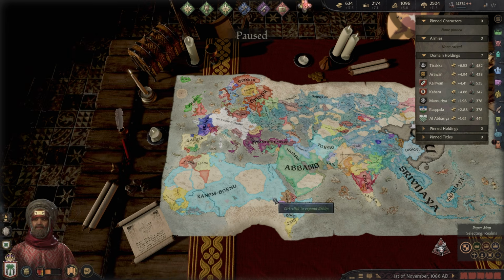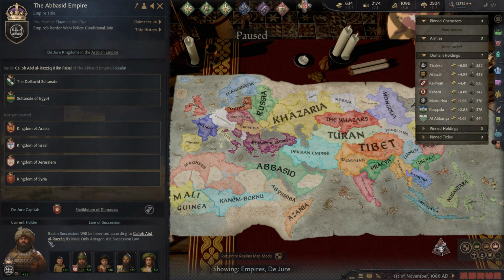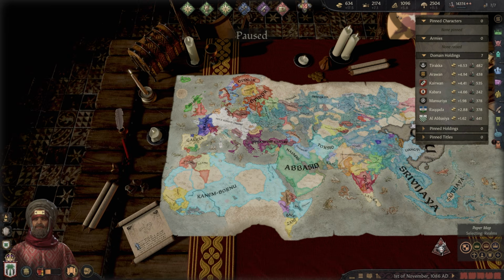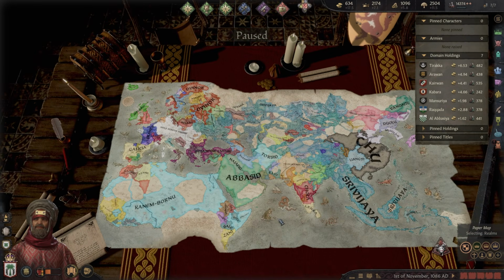The reason why clicking into a title recalculates the line of succession is because it helps performance, basically, as far as I understand it. Otherwise, you would have to constantly, on every single tick of the game, calculate every single succession across the game, which would slow it down quite a lot, right? Every single logic tick, it would have to recalculate every line of succession, and then work out which lines of succession conflict with which other lines of succession.